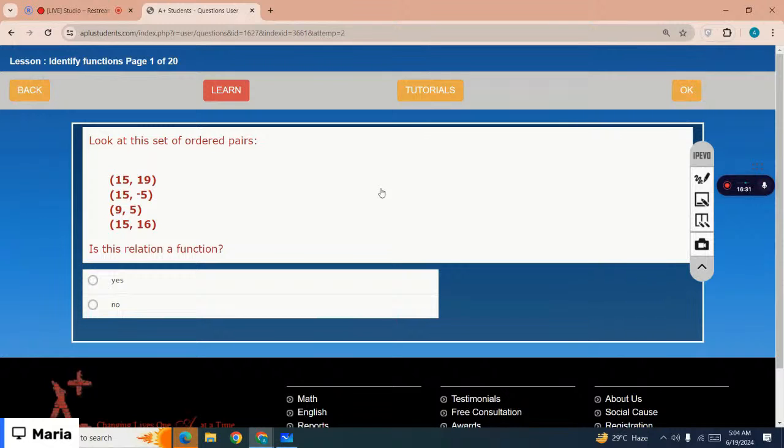Okay. Look at this set of ordered pairs. Is this relation a function? 15, 19, 15, negative 5, 9, 5, 15, 16. Which is the correct option?